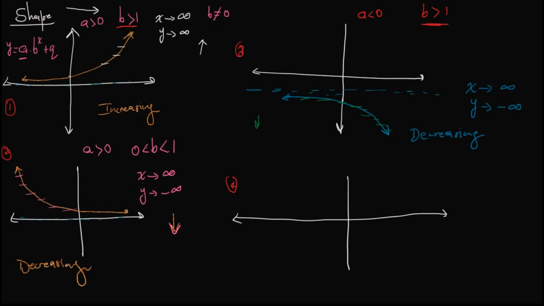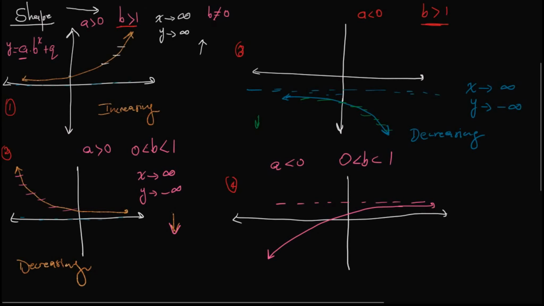Then we're going to look at the fourth one. Here a is less than 0, but b lies between 0 and 1. How does it look? We can even draw the value of q over there, and then we draw the function. It is still an exponential function, but the other way around from the third one.